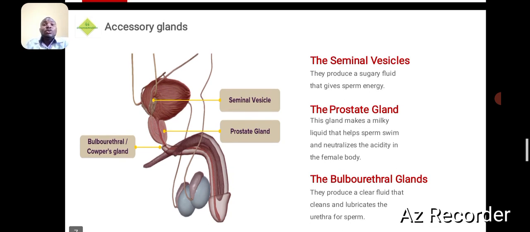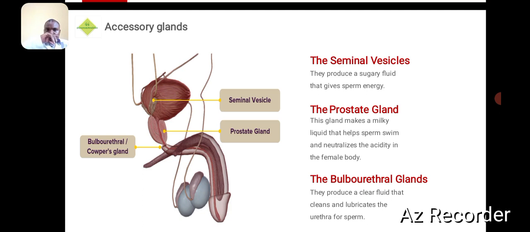That's why your semen is actually alkaline. So when it gets to the acidic environment, if this fluid is not there, it dies off. So it helps to neutralize the acidity of the vagina so that the sperm cells can survive and swim very well.